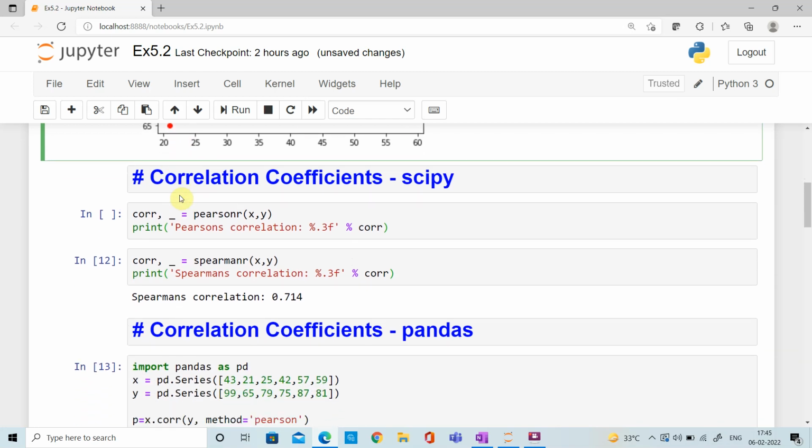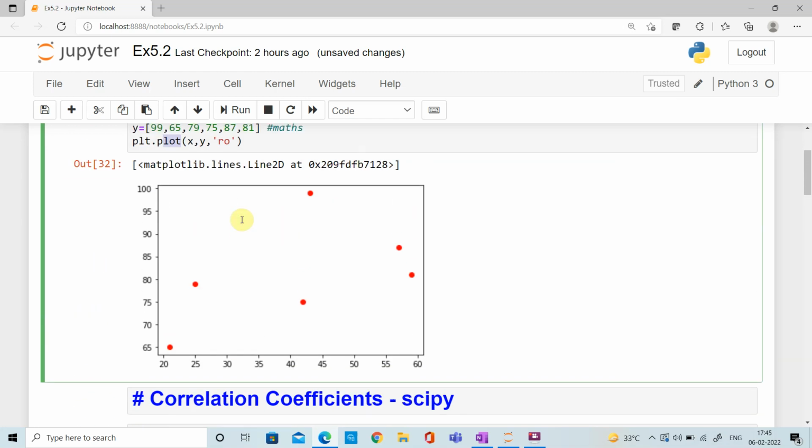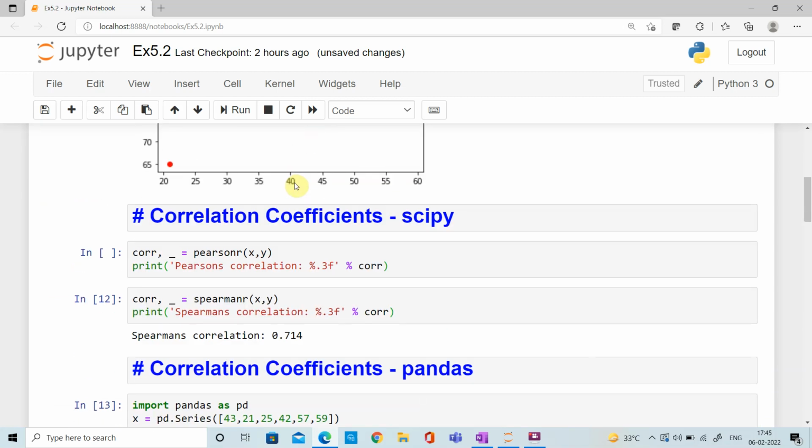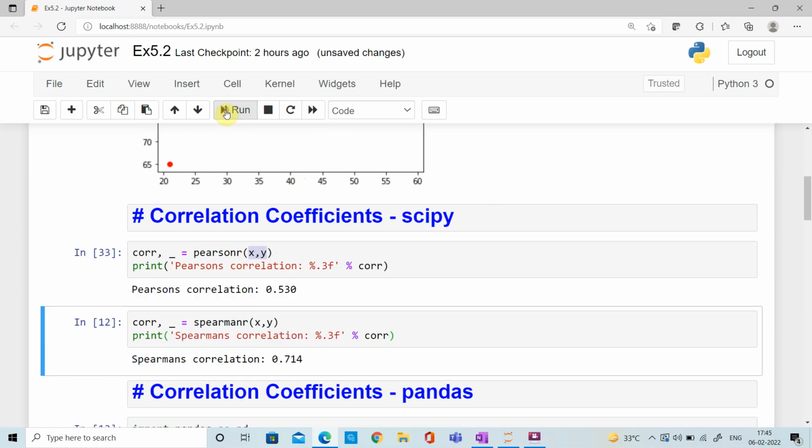When you use SciPy, we have already imported the Pearson and the Spearman functions. We need to pass the 2 variables for which you need to calculate the correlation coefficient. When you pass them and run it, you will get the correlation coefficient value. So it is a positive correlation, confirming it to you.